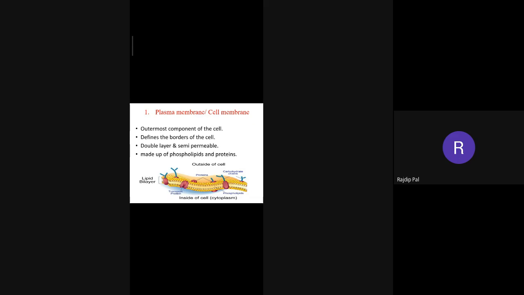That's why it is called semi-permeable. Everything can't pass in or out of the cell. Only certain components can pass out or into the cell. That's why it is semi-permeable. And it is bilayer because there are two layers, and each layer is made up of phosphorus and lipids and proteins. Okay.